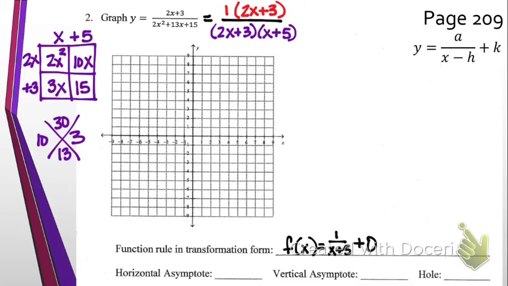Take your colored pencil, graph your vertical and horizontal asymptote. Make your T-chart and graph it out.